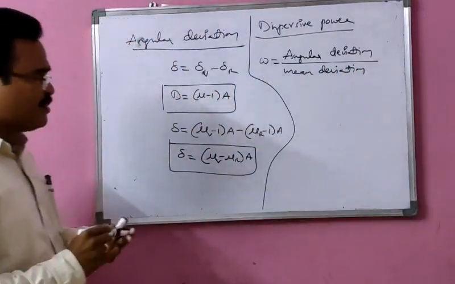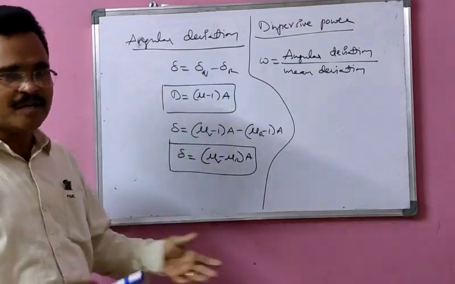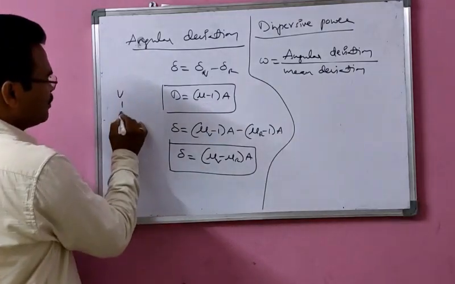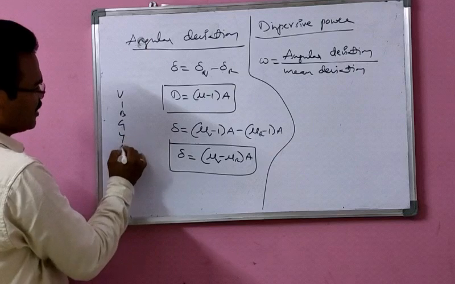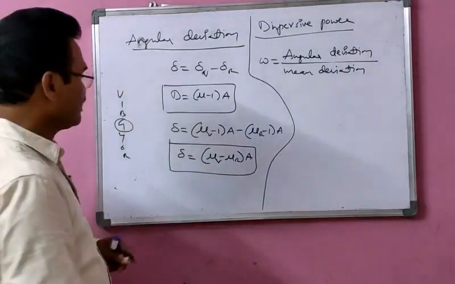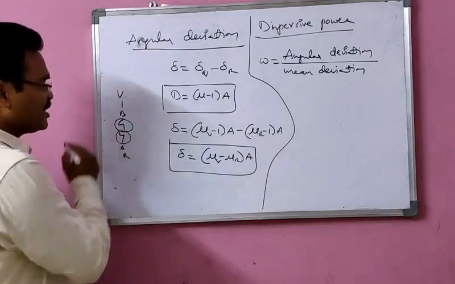Mean deviation means, suppose I take two colors, violet and red, according to VIBGYOR, the central one is G. So the mean color is green, you will think. But that is not the case here. Yellow is the average color.